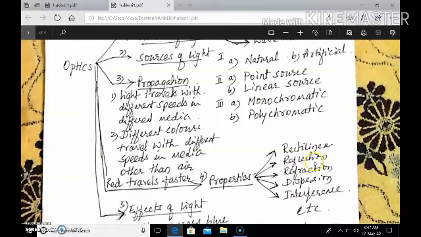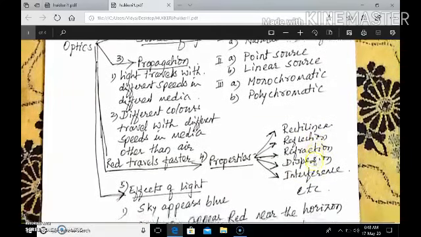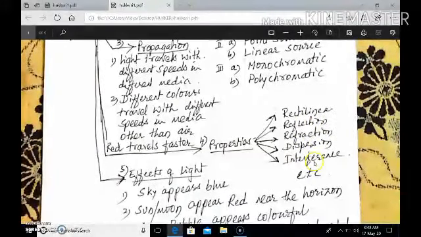In a given medium other than air or vacuum, red travels faster, whereas violet color light travels slower. Properties of light. Already we have listed 8 properties of light. All these properties of light we are studying under the head of optics.